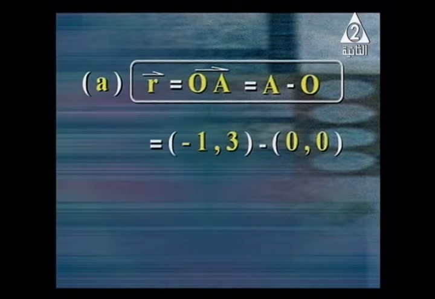What is the coordinate of A? Negative 1, 3. Coordinate of origin point 0, 0. Then when we subtract, the answer is negative 1, 3. Look at what is the rule? Moment of the body about the center O equals R vector cross F vector.